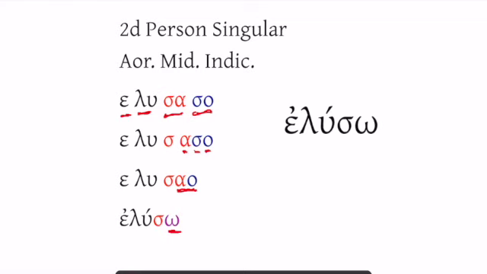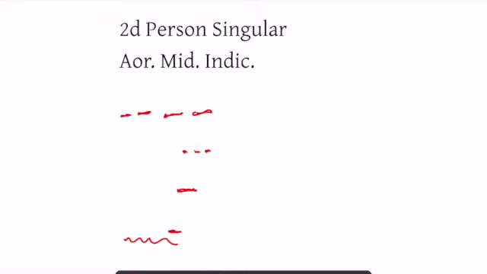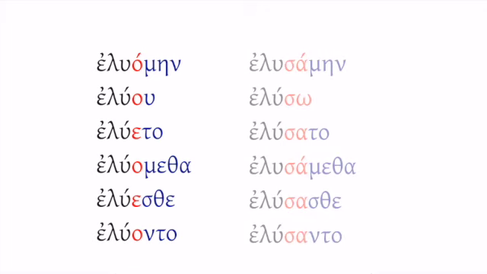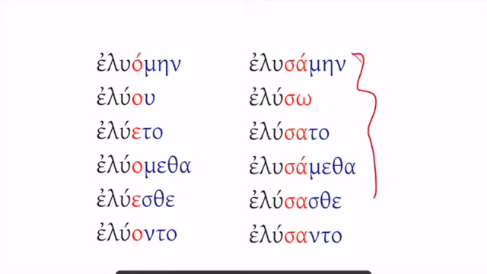If we were to go back and review the contraction chart from when we looked at contract verbs, we would see that alpha and omicron shift to omega. This is how we get our form eluso. You can memorize the ending and the rule, or you can just memorize the paradigm. I would recommend that you just memorize the paradigm here: elusamen, eluso, elusato, elusametha, elusasthe, elusanto. And I think you'll be in good shape.